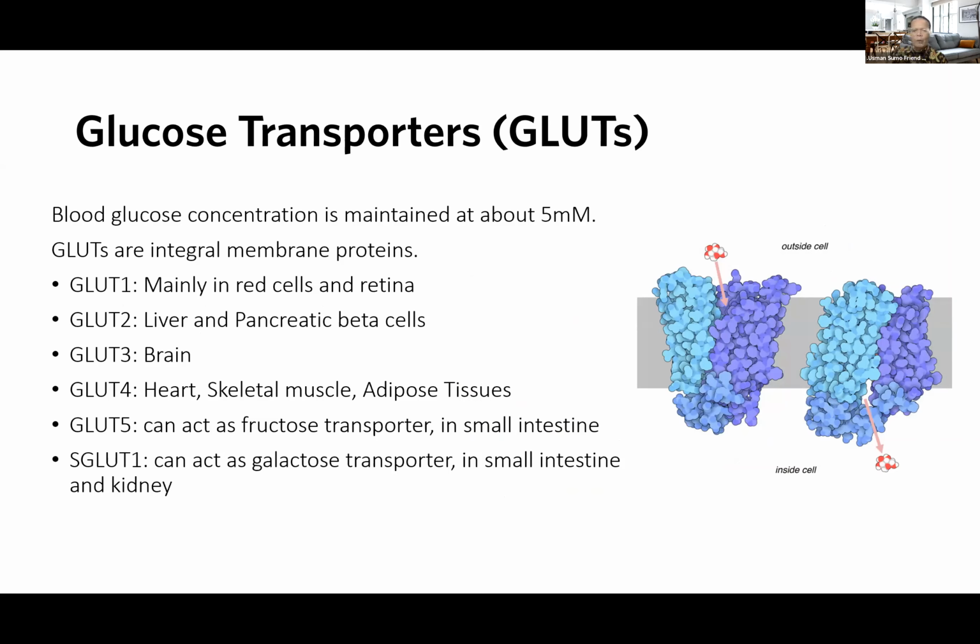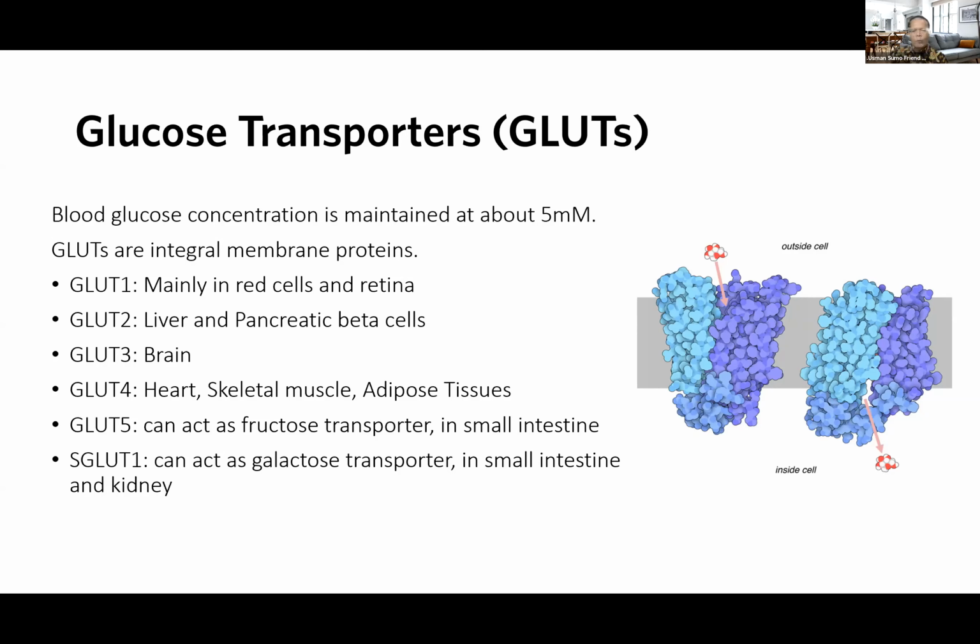For example, GLUT1 are integral membrane proteins. This GLUT1 is mainly in red cells and retina.